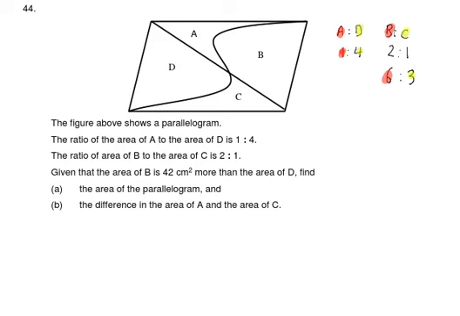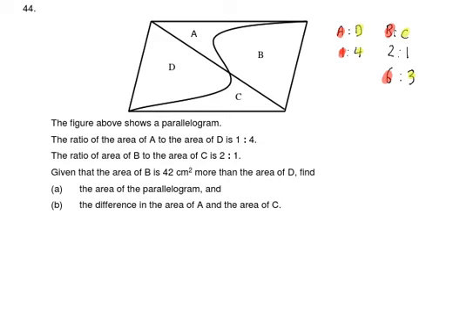So, now, next. Given that the area of B is 42, that means 6 units, right? Equals to 42. Find the area of the parallelogram. So, wait. Oh, sorry, I read it wrongly.